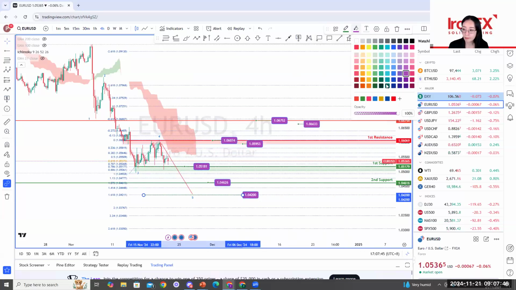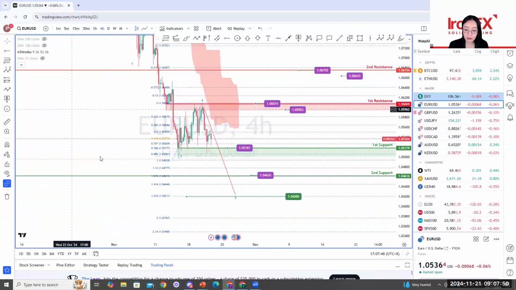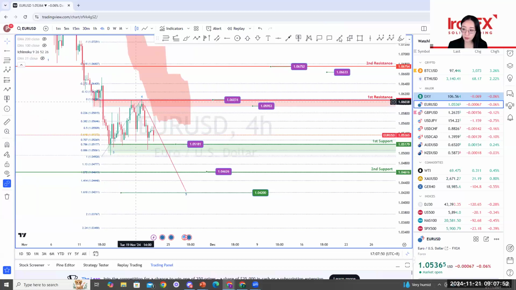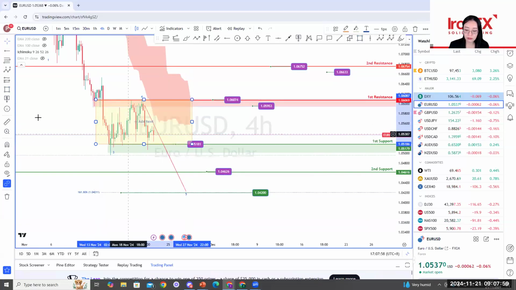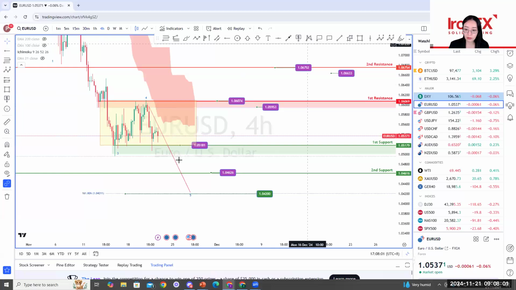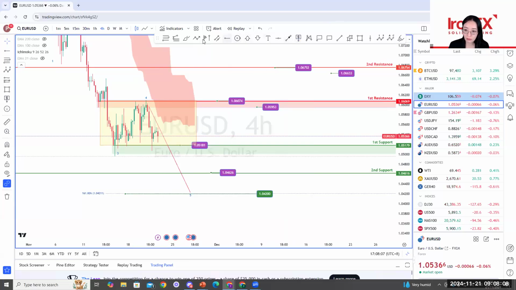You guys can see, so now just wait first to see whether price wants to break above or break below this box. They're just ranging. You see this? So if you want to sell, wait for the pullback: break above, pullback, and then you sell. You can target here for extension 161.8.